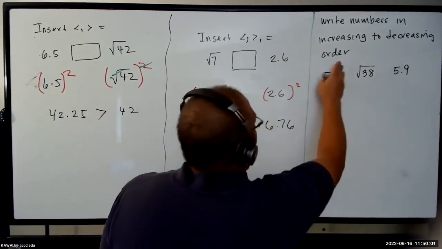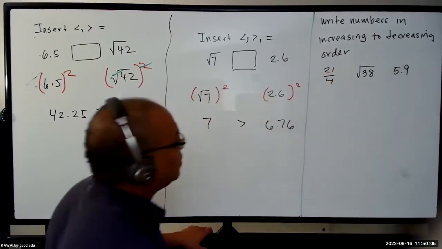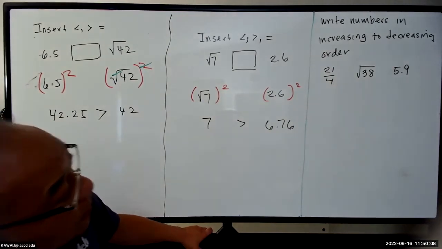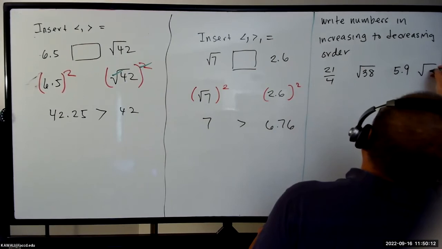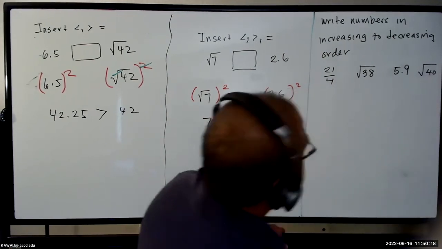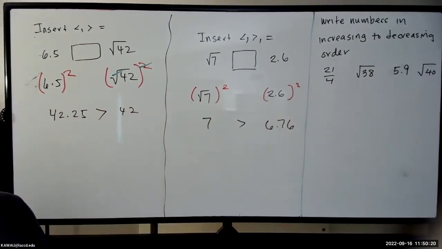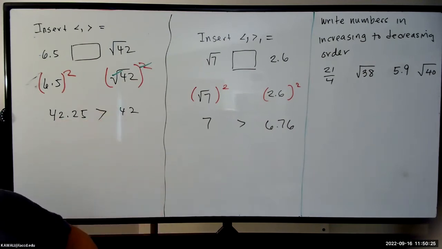And you know what, instead of this one, let me put 21/4. I apologize. I know you guys copied. And then over here, let's do square root of 40. Okay, so big number first, small number last.